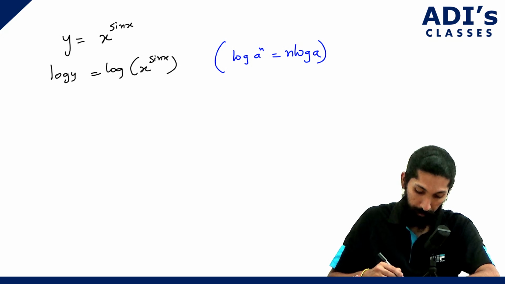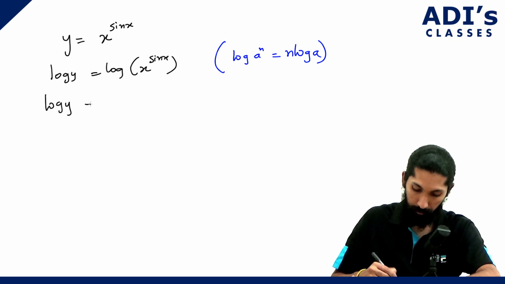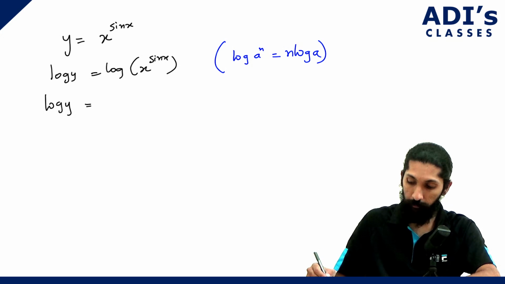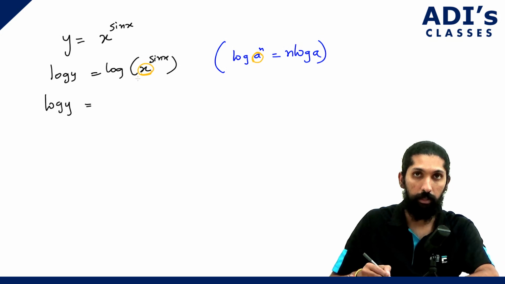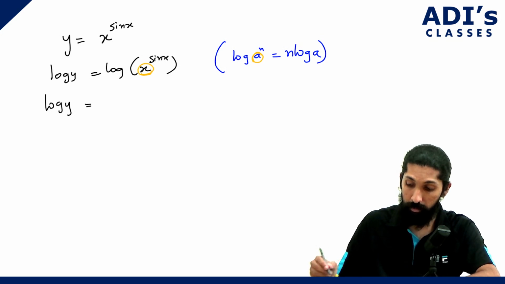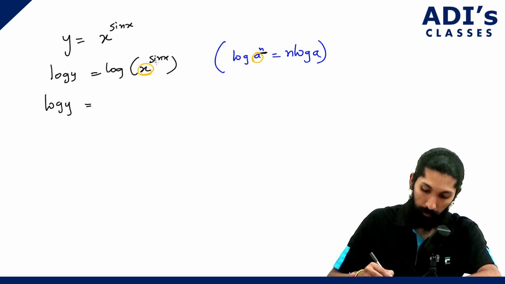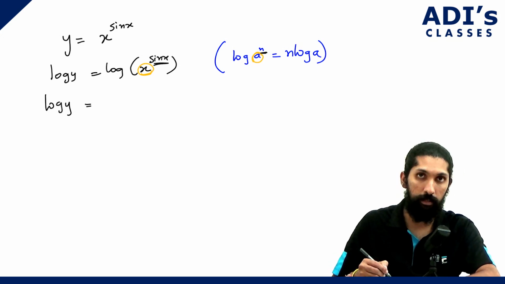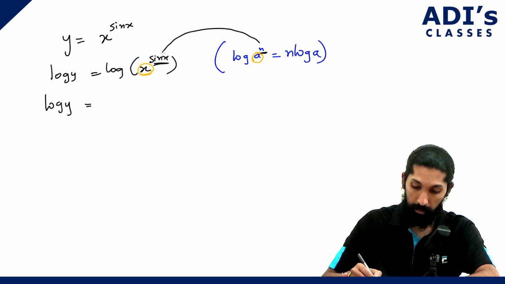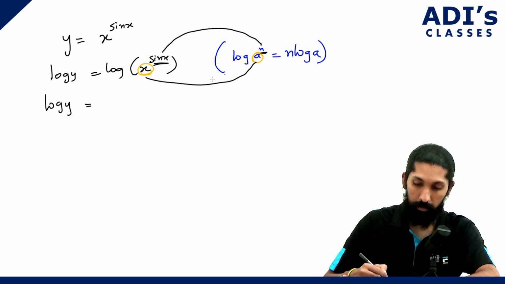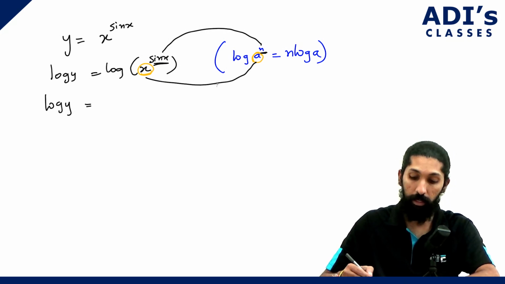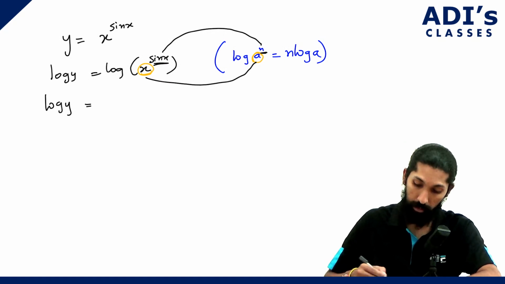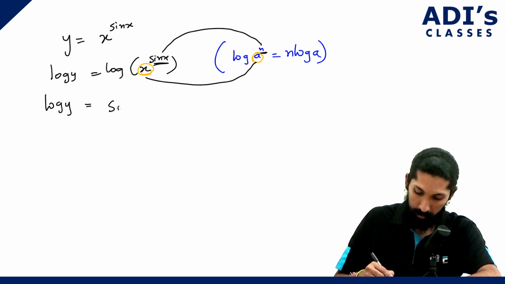We are going to apply that here on the right hand side. On the left hand side, keep it as it is: log y is equal to, if you compare, in place of a you have x, and in place of n you have sin x. So log of a power n is n log a. In this case, this becomes sin x into log of x.